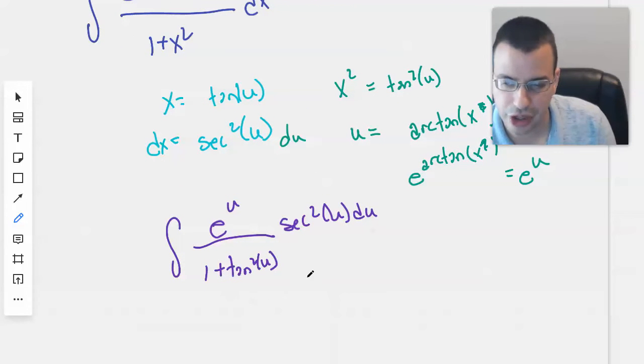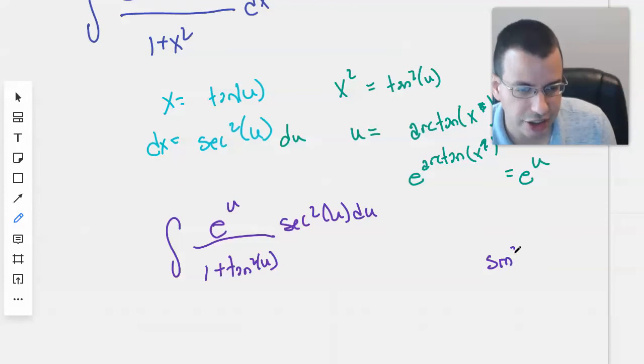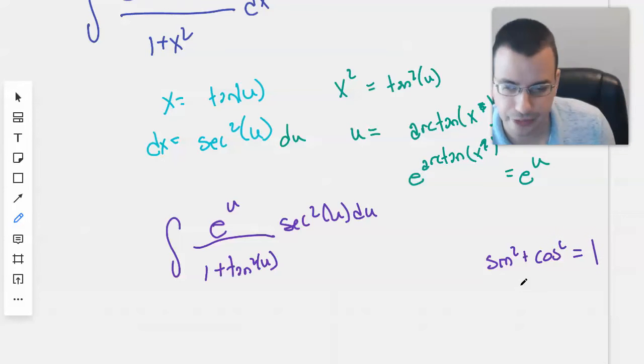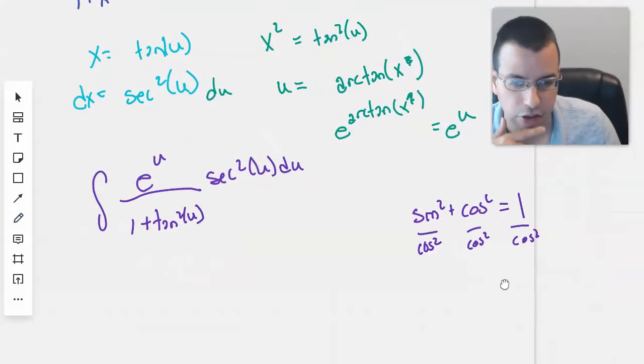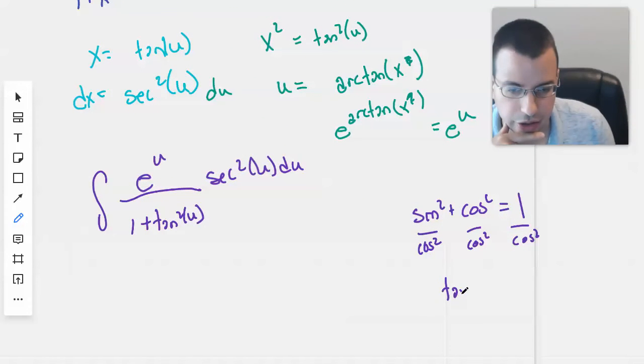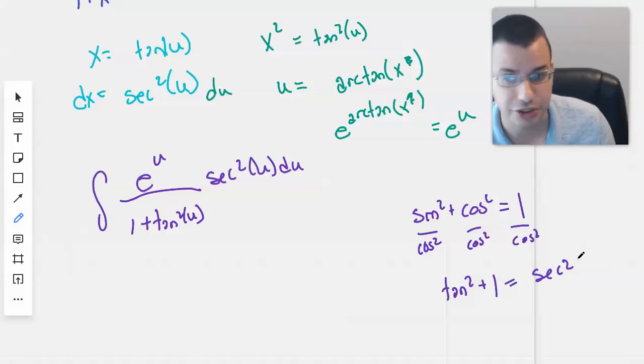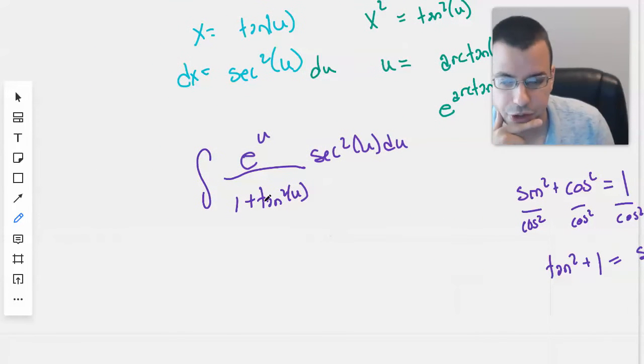And then for this part, we know that sine squared plus cosine squared equals 1. Divide everything by cosine squared, and we get tangent squared plus 1 equals secant squared, which is convenient because we have this right here.